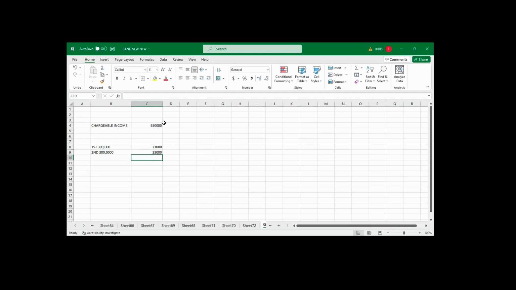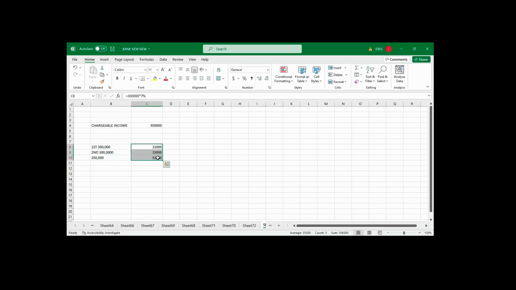Now, out of 950, how much have you used already? 600. How much is remaining? 350. That 350, what percentage am I going to use? 15%, because that 350 will fall under next 500,000.